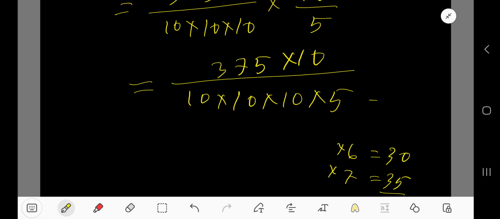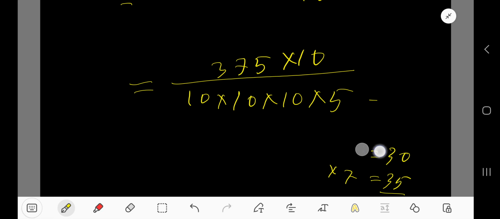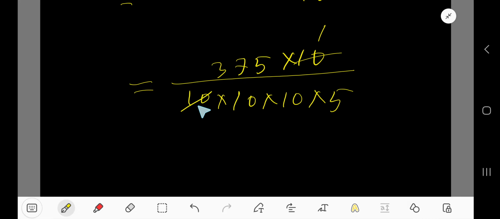How to reduce? Just divide the numerator and denominator by the common factor. Here the factor of 10 is 10, so divide, and you will get 1. Okay, now target this number 375 and this 5. If you divide this 5 by 5, you will get 1. If you divide this 375 by 5, what will you get?